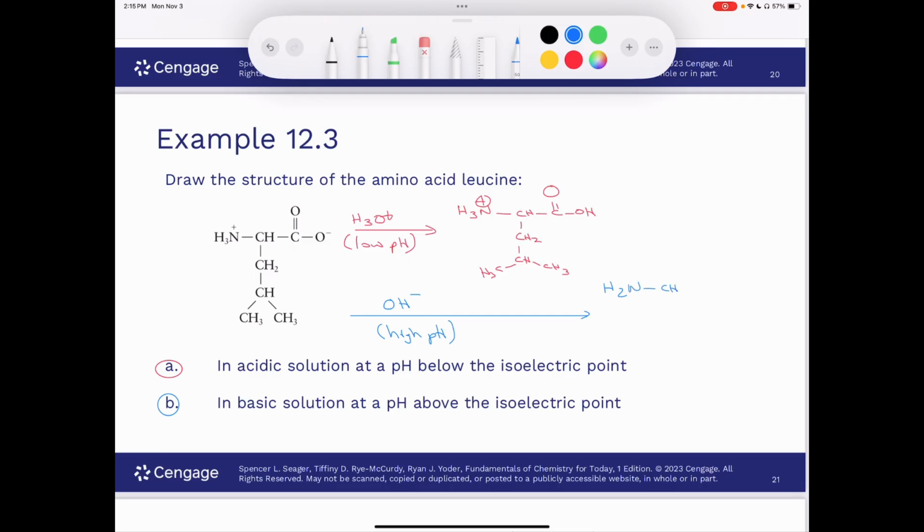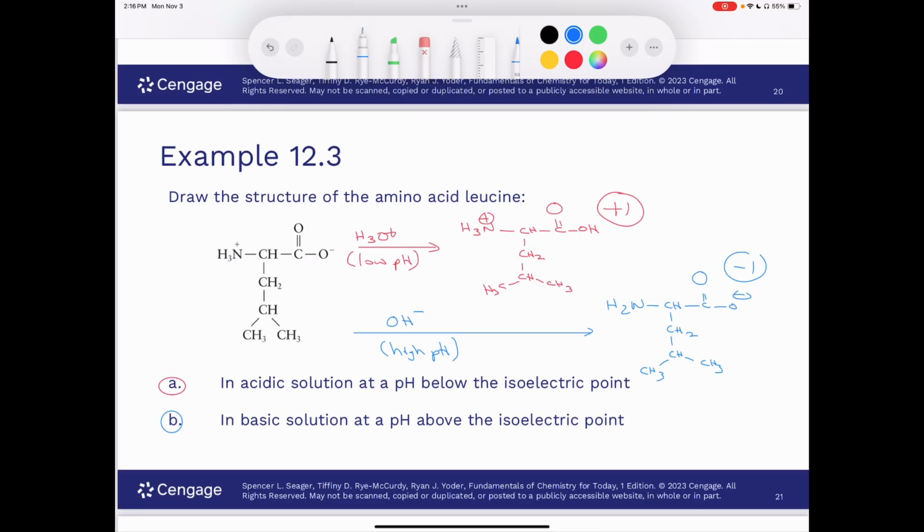Well, in that case, the nitrogen is going to lose that hydrogen, and my carboxylate is going to remain intact, and I'm still going to have my isobutyl group here, like that. There we go. So when we're at a low pH, you can see that overall we end up with a charge that is +1. And when we're at a high pH, we end up with a charge that is -1 overall.